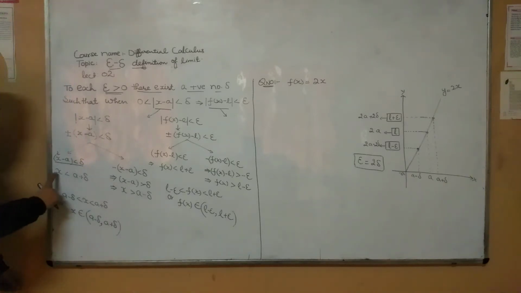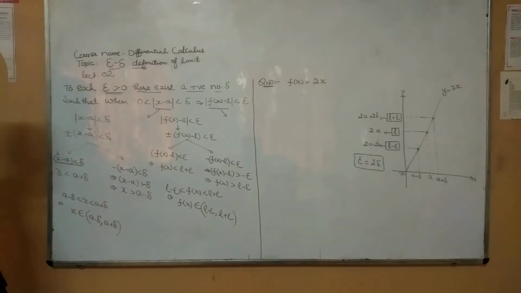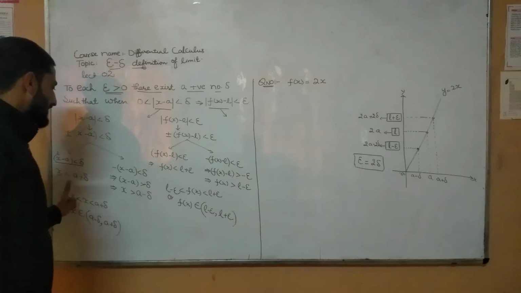Now we add plus a here and also here, plus a and minus a cancel out. On this side we get x less than a plus delta. There will be no change in the strict inequality here.